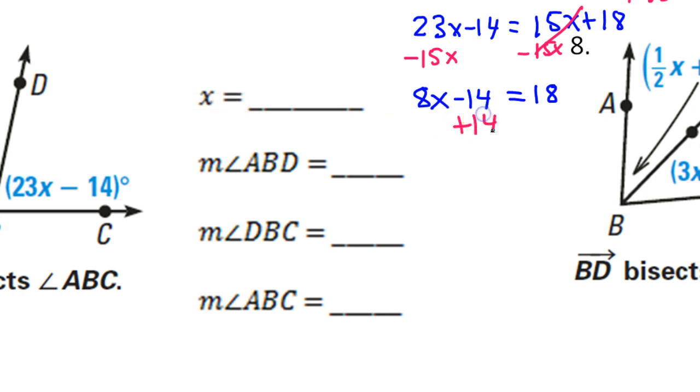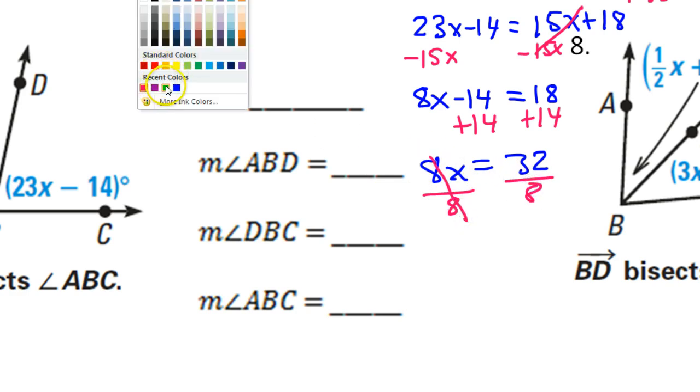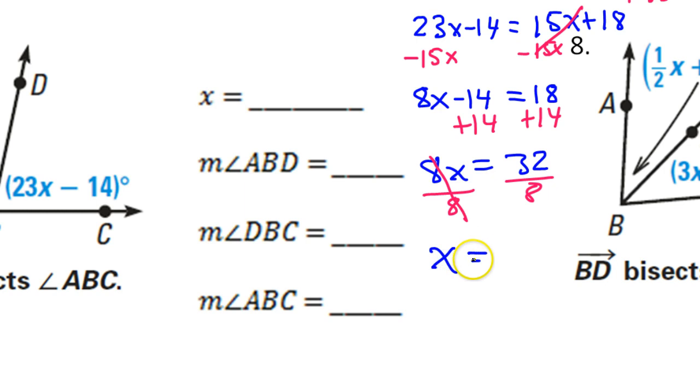Now it's time to add 14 to both sides. Alright, 8x equals 32, and then we're going to divide both sides by 8. So x is equal to 4. Now the measure of angle ABD.